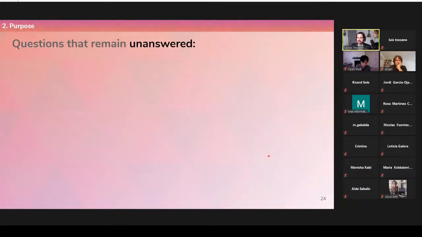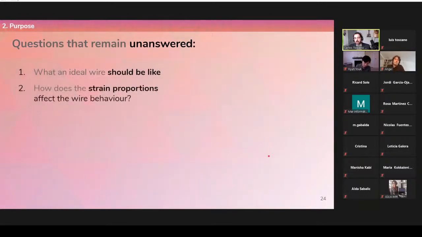Now, there have been several approaches to this distributed computation, right? But they have mainly focused on how we can create a network, for instance, using distributed approaches or logic gates, but no one has focused on something more elementary: what about the wires? What should an ideal wire be like? If we are mixing several strains in a culture, should we expect the same behavior if we alter the strain proportions?